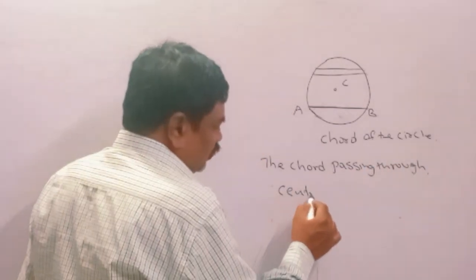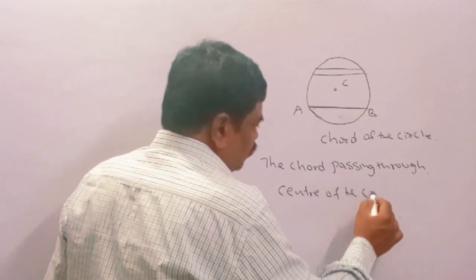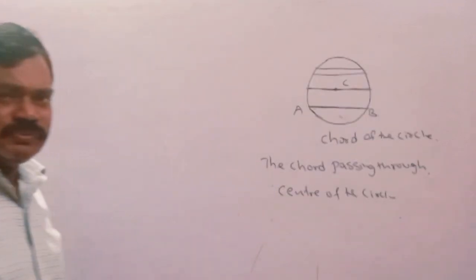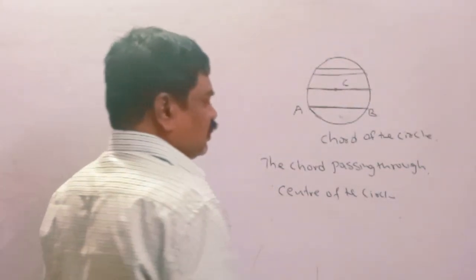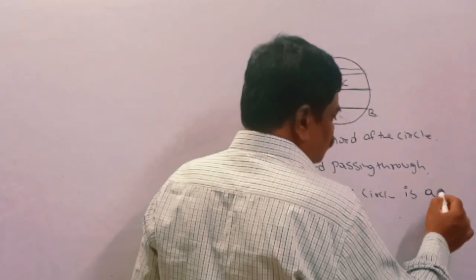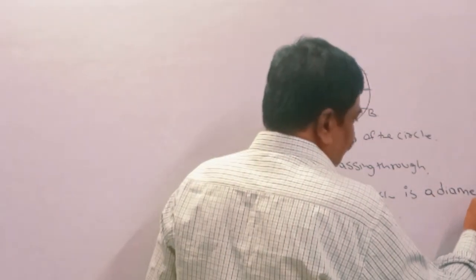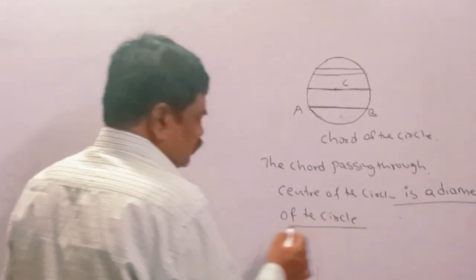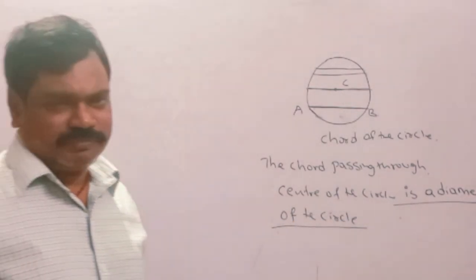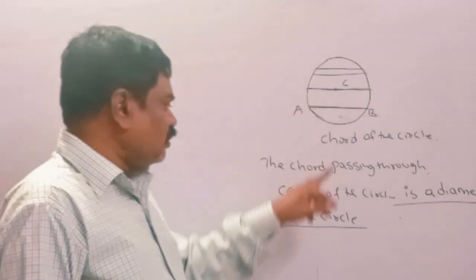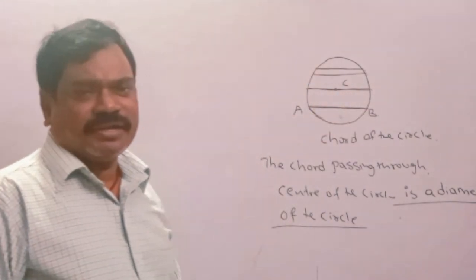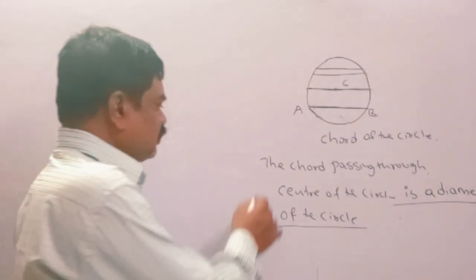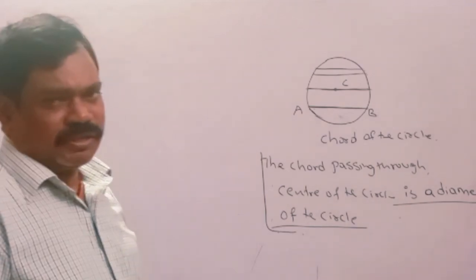The chord passing through the center of the circle is a diameter of the circle. This is the biggest chord in a circle. Okay, the chord passing through the center of the circle is a diameter. This is the biggest chord of the circle.